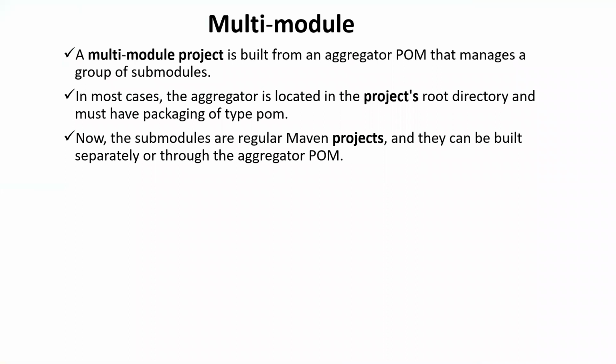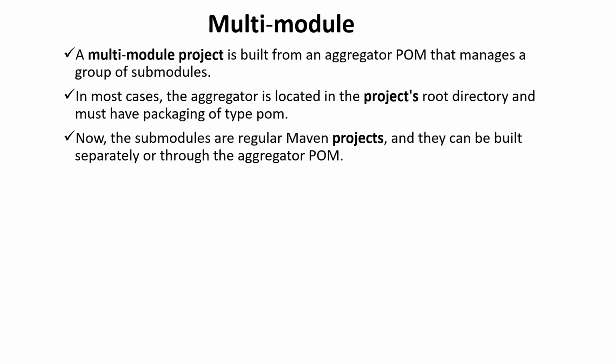So a multi-module project is built from an aggregator that manages a group of submodules. Now you might be confused, but when I show you a repo with an example, you might have a proper idea. In most cases, the aggregator is located in the project's root directory and must have a packaging type of pom.